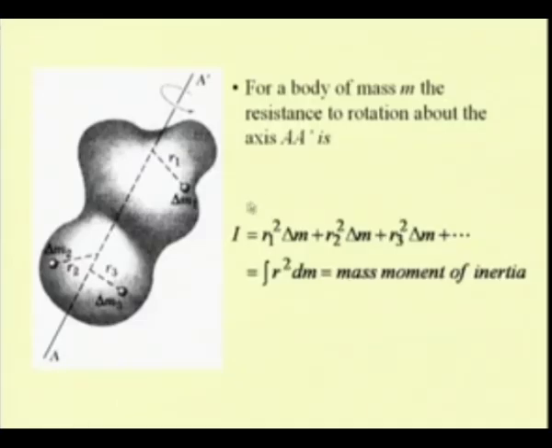So, we write I, the second moment of this mass about this axis A prime, as summation of the second moments of the various constituent particles, that is r1 square delta m plus r2 square delta m plus r3 square delta m, etc. So, in the limit this becomes dm, and this is the integration over this complete volume. So, we have r square dm, and this is the mass moment of inertia of this body.